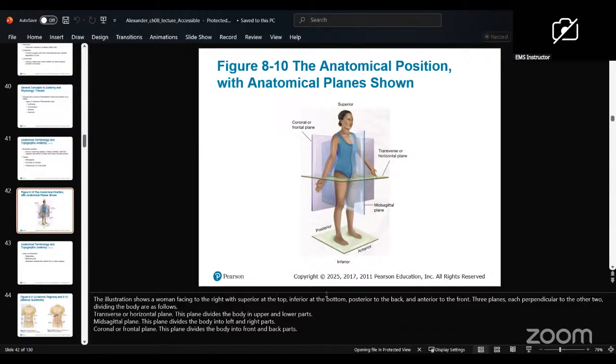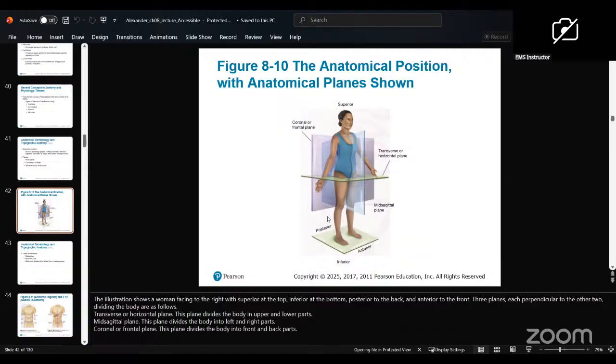Superior to inferior, superior being the top, inferior being the bottom. We know that line that runs splitting the body down the line of the armpit. That's our mid-axillary line. So just remember when we're referring to the body, we refer to it in its anatomical position.